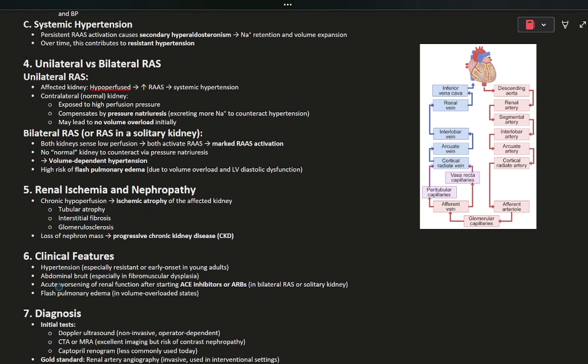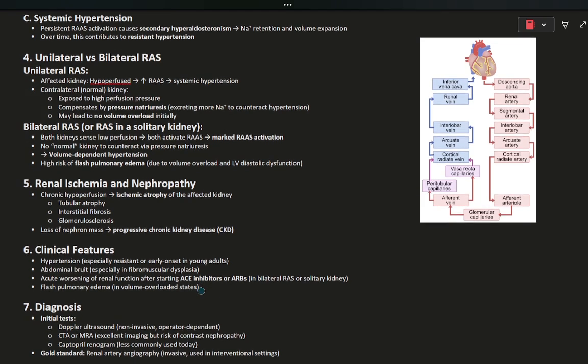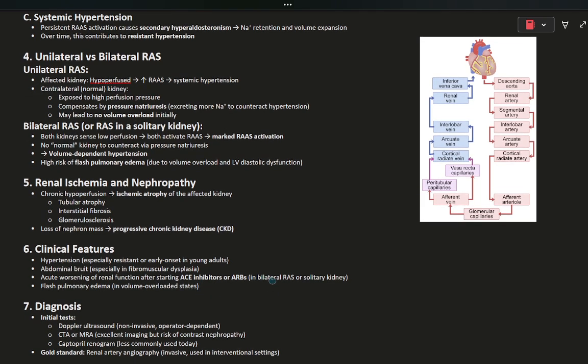And then acute worsening of renal function after starting angiotensin converting enzyme inhibitors or angiotensin receptor blockers. This can happen in bilateral renal artery stenosis or stenosis in the presence of solitary kidney.